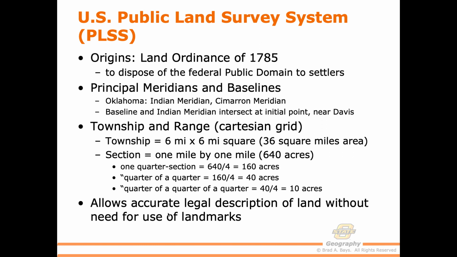You get problems, and that's, of course, what happened. But the system worked for the most part, and there were correction lines that had to be placed into it. For the most part, we have a system of land survey in the United States west of the original 13 colonies and not including Tennessee and Kentucky.